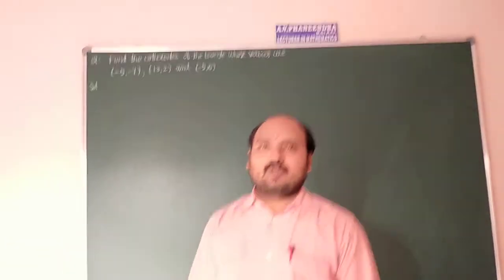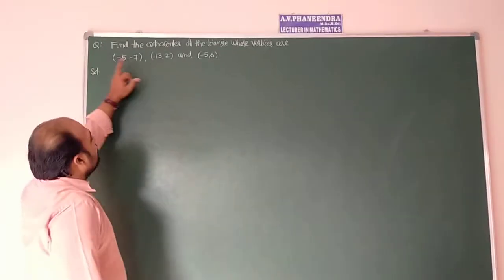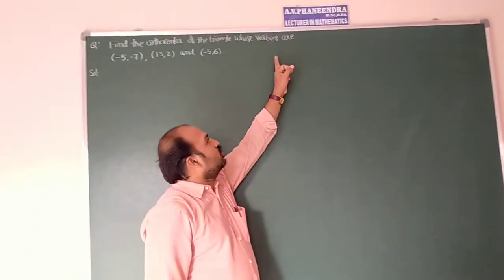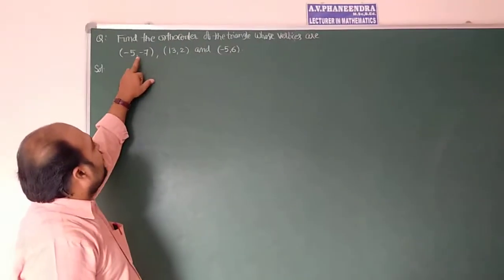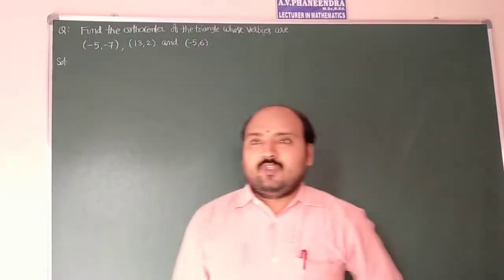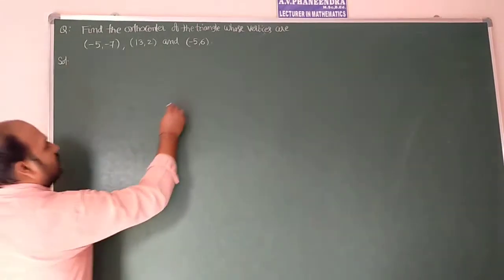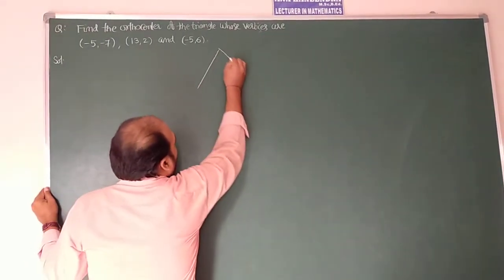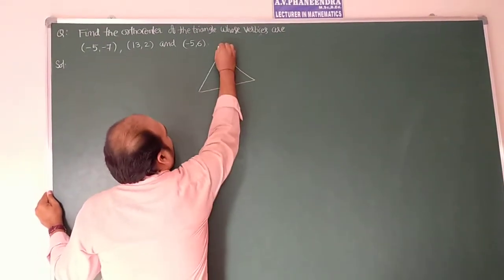Next example for orthocenter. Find the orthocenter of the triangle whose vertices are -5, -7; 13, 2; and -5, 6. First draw the diagram for this problem and plot the points also.